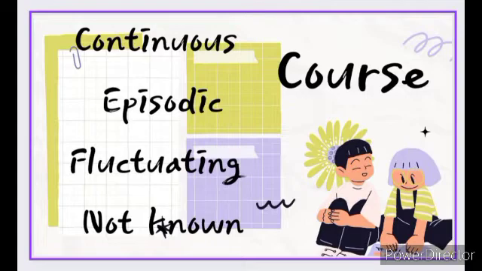The main important thing is that the wellness of the person will fluctuate. If the person is suffering from a major problem, he will fluctuate to mild to moderate, again major to moderate to mild to major. In this way it will fluctuate. So this is the fluctuating course.